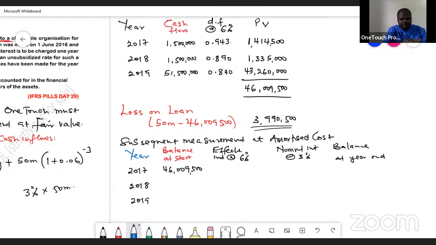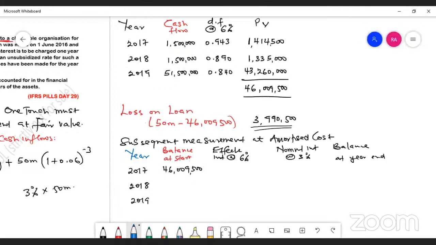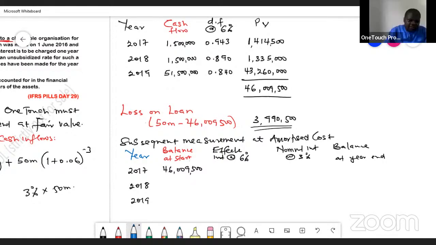So 6% of the figure is 2,760,570. So nominal is 1.5 million. You know that.